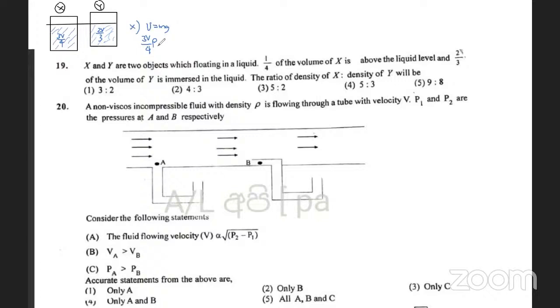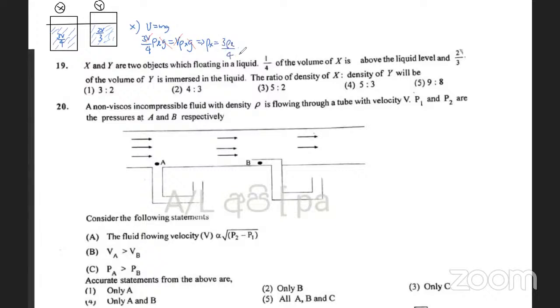So density of liquid, rho L, g equal to mass of the object will be volume times density of X, g. Okay, density of X. So you can see g and g are going to get cancelled out. V and V are going to get cancelled out. Therefore you will be getting a first equation for rho X. Density of X is equal to 3 rho L by 4.